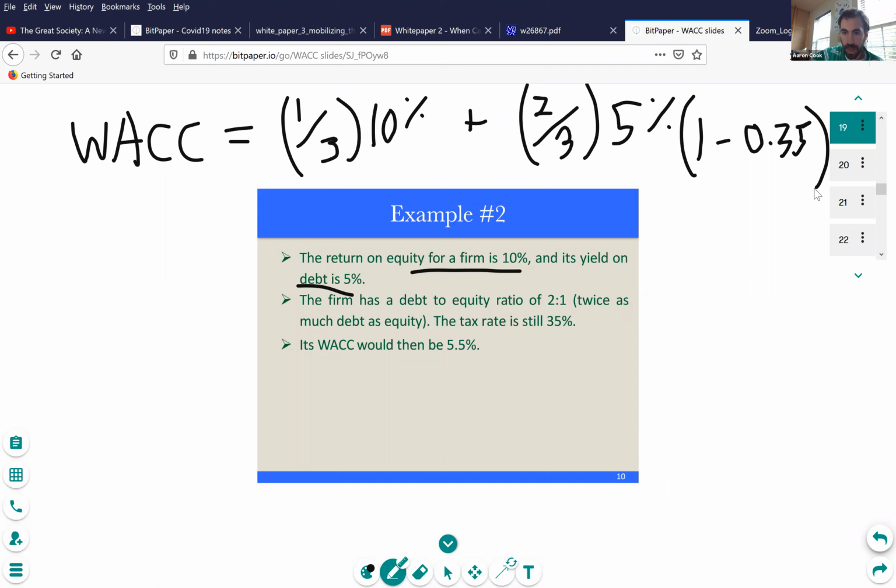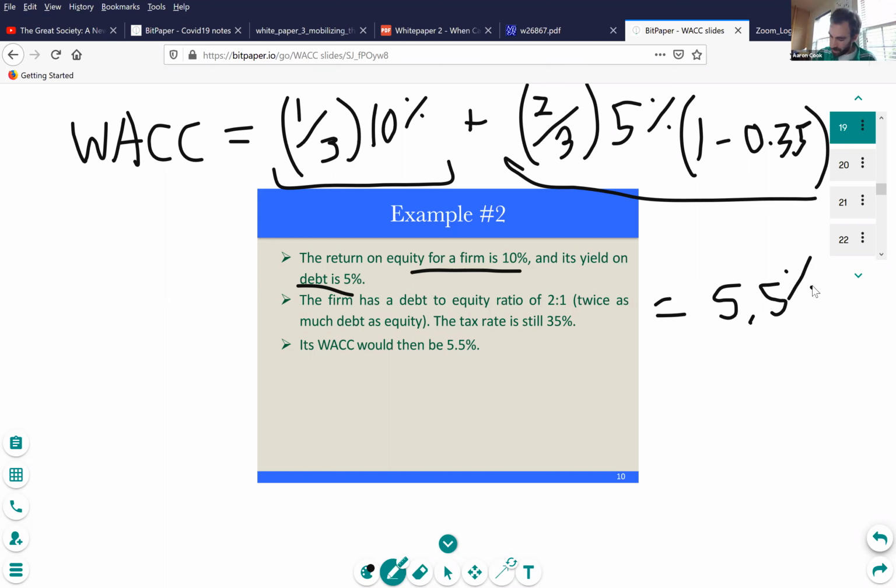So once we have all these terms calculated, we end up with a 5.5% weighted average cost of capital. Right. So that's the mechanics of that. Those are the different components of that. I'll just pause for a second to see if there's any questions about that.